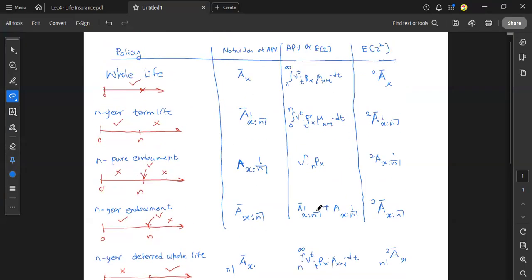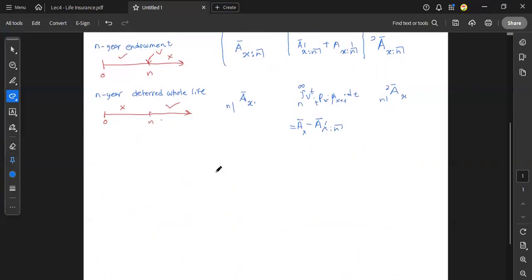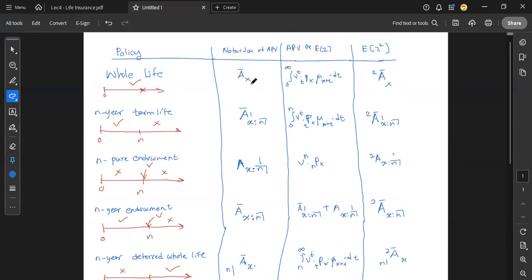So now you can see these 5 different types of insurance are interchangeable, and most of them are given in the table.